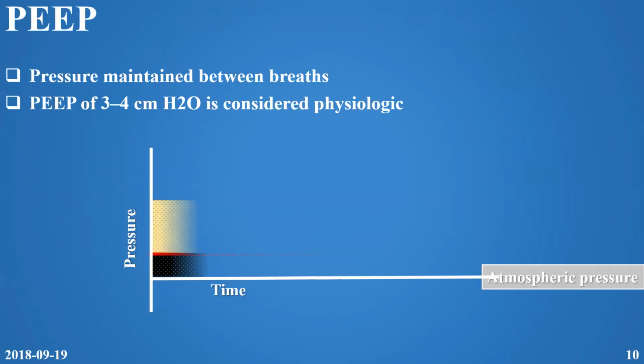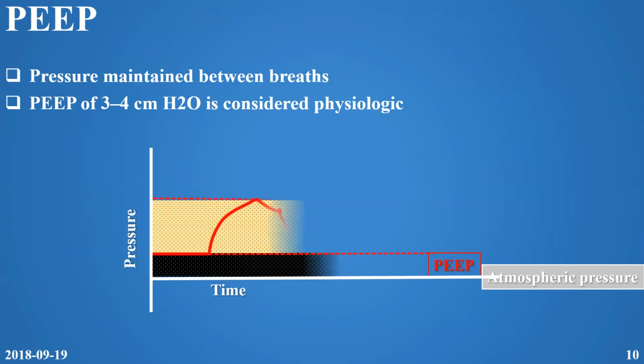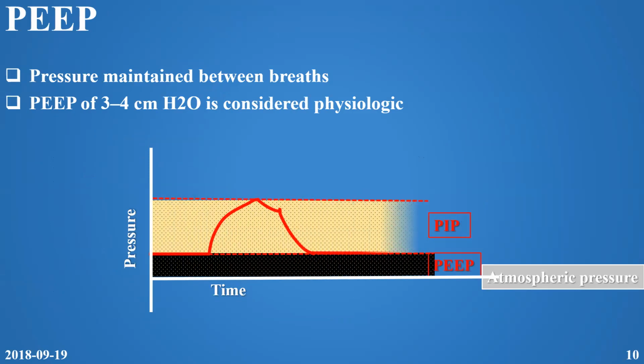Okay, so the second airway pressure is called PEEP, positive end expiratory pressure. And the pressure, whether it's PIP or PEEP, is measured in centimeters of water. When we say 5, the ventilator means 5 above atmospheric pressure.